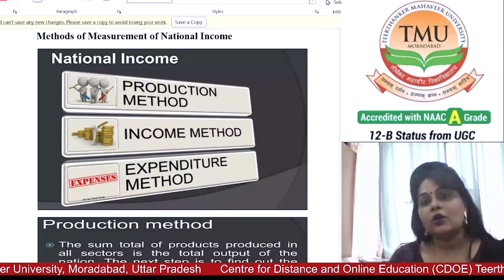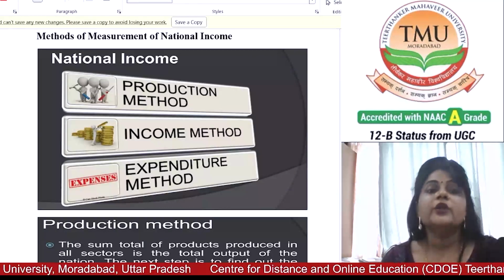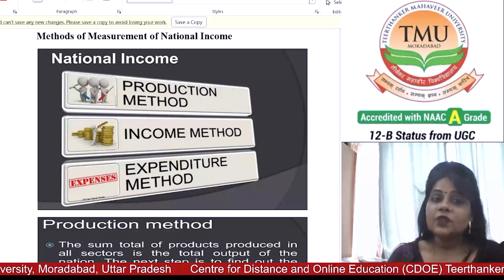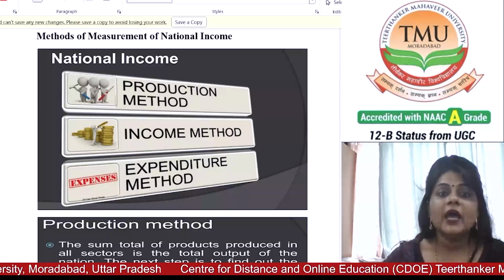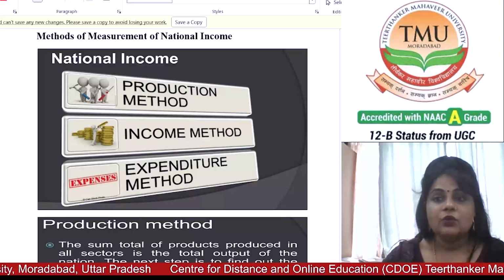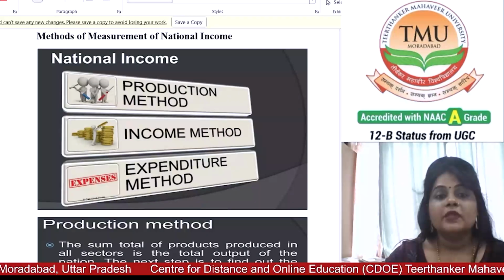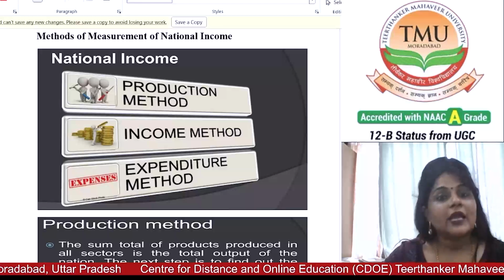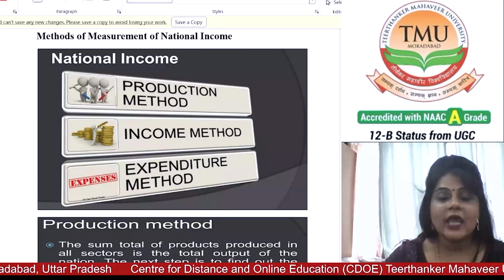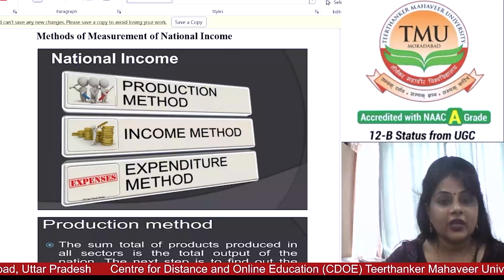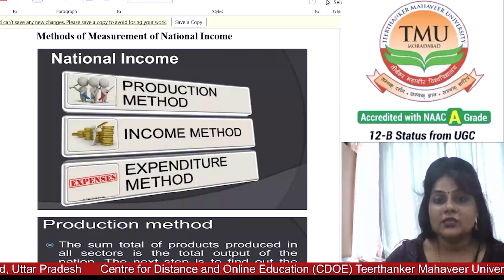But first of all, I will introduce the national income definition. National income is a term which is used interchangeably with national dividend, national output, and national expenditure. On this basis, national income has been defined in a number of ways.